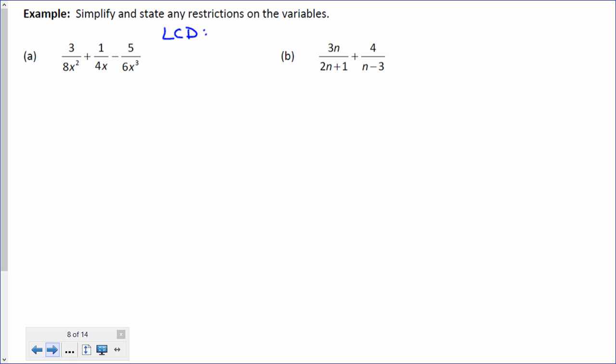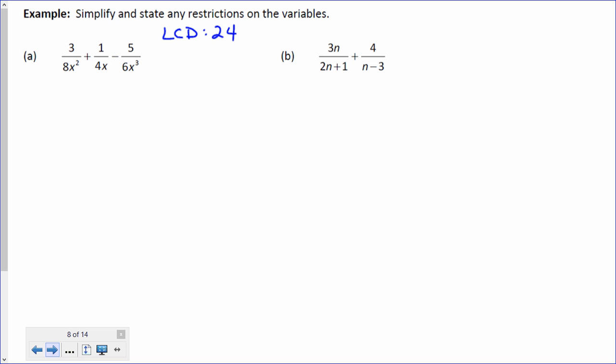24. 24, good. Now, how am I going to figure out the lowest common denominator part for the variable? The key here is I need a denominator that x squared divides into, x divides into, and x cubed divides into. You don't have to go as high as x to the 6th.